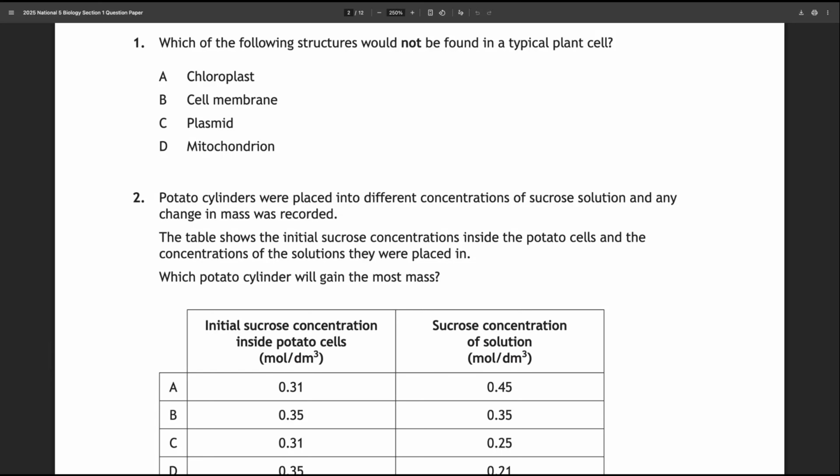The mitochondrion is found in most cells, including the plant cell, so we can eliminate that one. And C, the plasmid, is found only in the bacterial cell. So we know from our study of the bacterial cell that the plasmid is only found there and not in the typical plant cell. So the answer to the first question there is going to be C, plasmid.